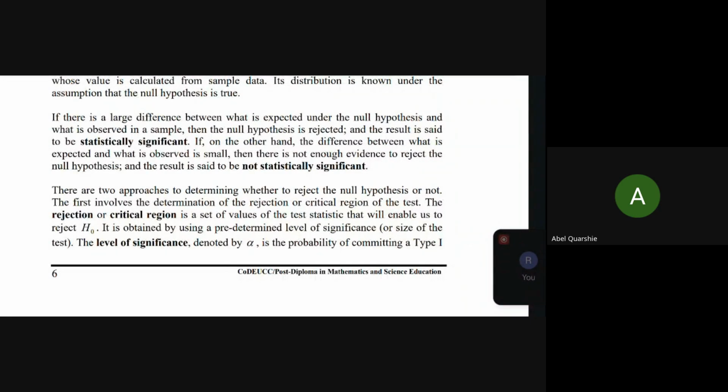So for example, when I was coming to the class, I assumed that the weight of the student was 50 kg. But when I went, I realized that the majority of the students had a weight of 100. That is too much. Then it means I have to reject the null hypothesis. That is what we call statistically significant, because the difference between what I observed versus what I assumed is too huge.